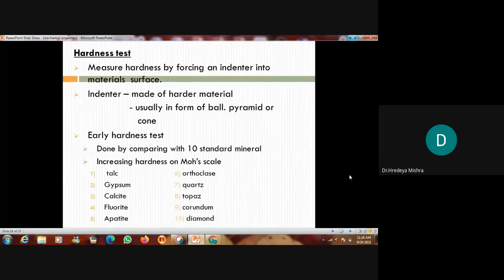When your oral occurs, some questions may arrive from your mechanical properties. The mechanical properties are also very important for your theory examination.